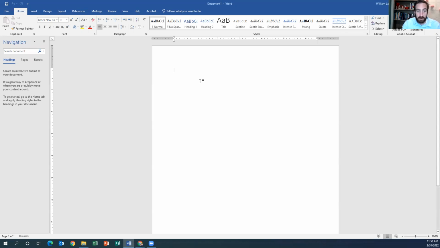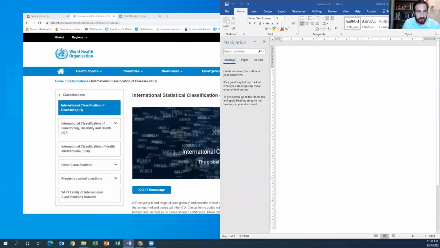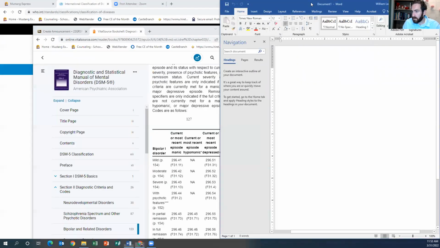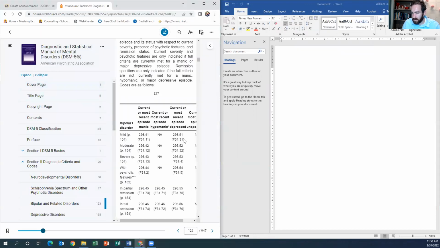So we're saying it's moderate, right? Hopefully you can see both. So we're saying it's moderate, right? So right here.